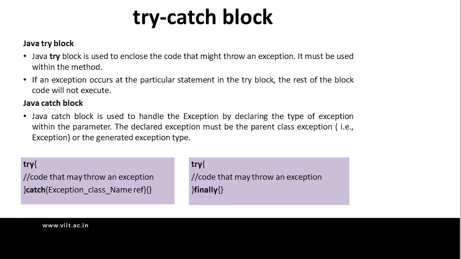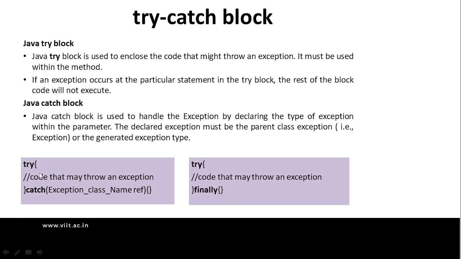So try catch: try, code that may throw an exception, then catch, exception class name and its reference, opening and closing. Try code that may throw exception, and finally, and there is no need to mention any class with finally.